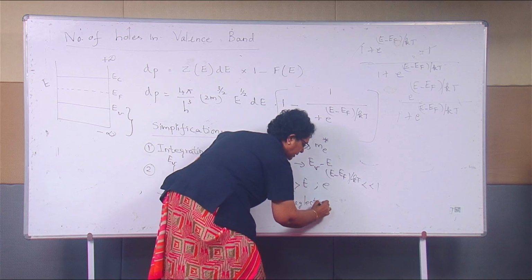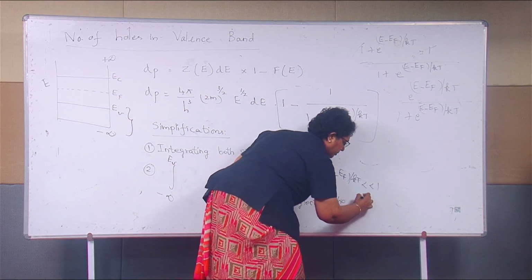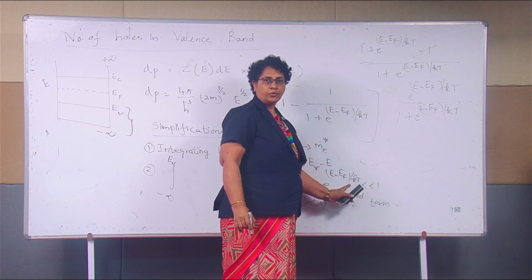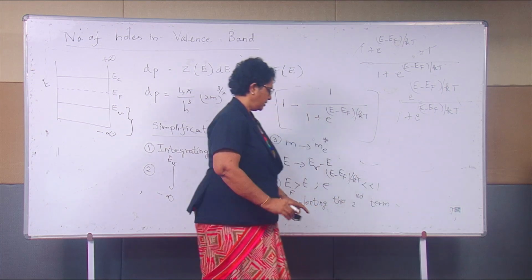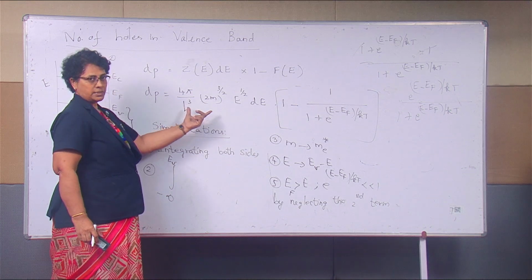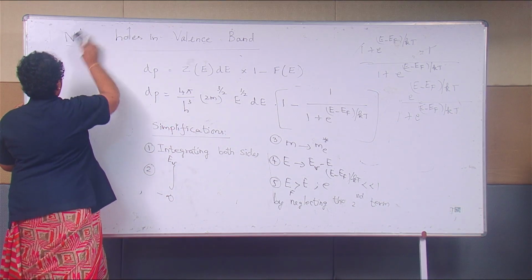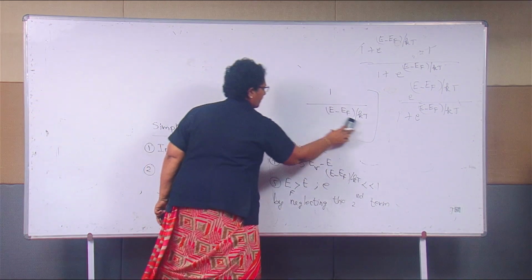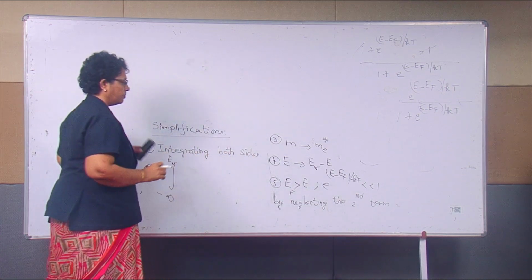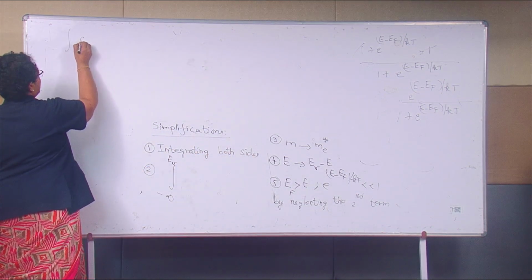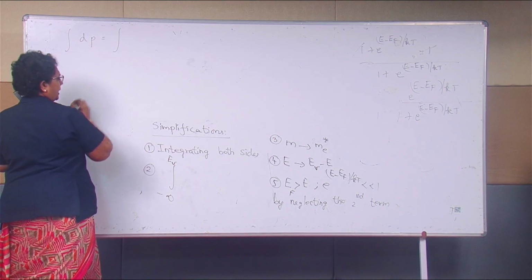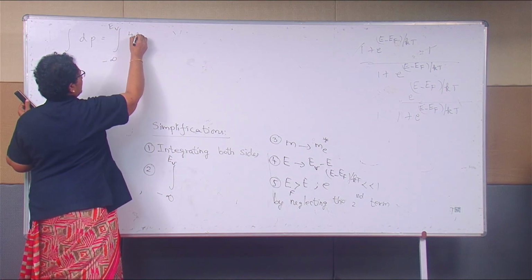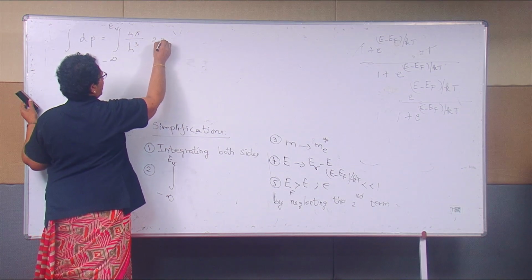here in the number of electrons in conduction band, the first term was neglected. In the number of holes in valence band, the second term will be neglected. So, now by applying all this in this equation, you can apply all the simplifications here. You are introducing the integral on both the sides and the limits will be minus infinity to EV, 4 pi by h cube and 2m.